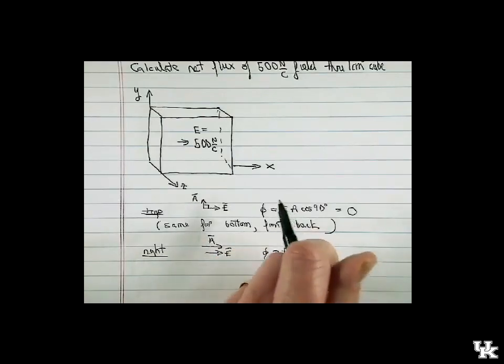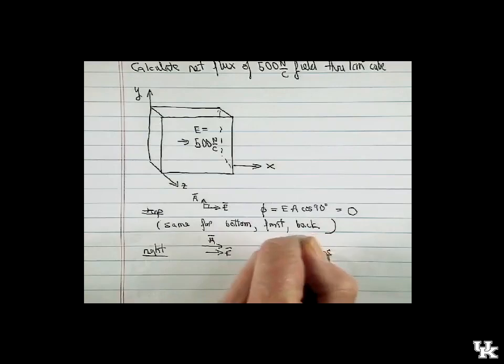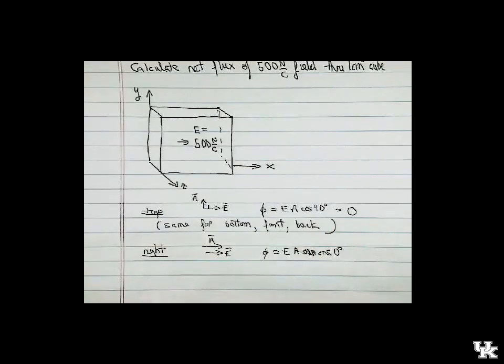We can calculate the flux as E A cosine, gosh, I told you I have this problem, cosine 0 degrees. Cosine of 0 degrees is 1, and therefore this is just E times A, so 500 newtons per coulomb times the area of the surface, which is 1 centimeter by 1 centimeter, so 1 square centimeter.